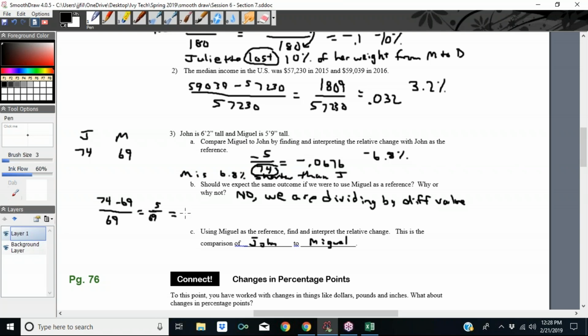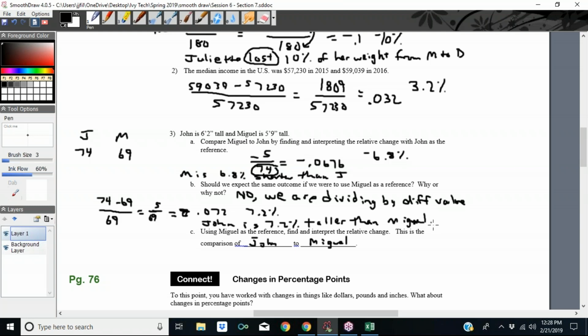And that one you guys got 7.2%. Let's try that again. 0.072, so 7.2%. So now what we can say is that John is 7.2% taller than Miguel.